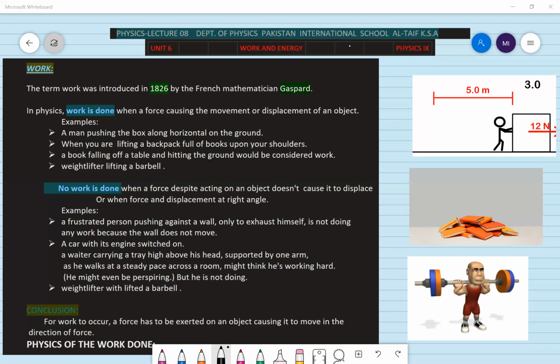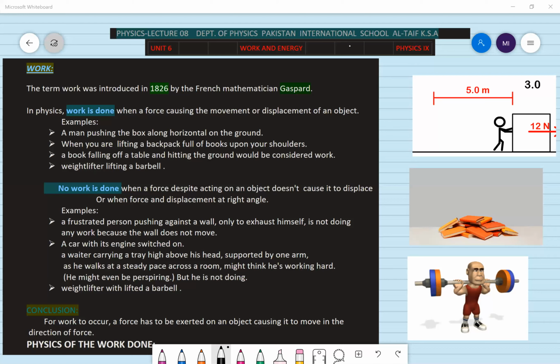We need energy to write on the board. Right at this time, when you are noting my points in your notebook, you need energy to write. If you ask a sick person to write something, he wouldn't be able to write it comfortably. Why? Because he or she lacks energy.